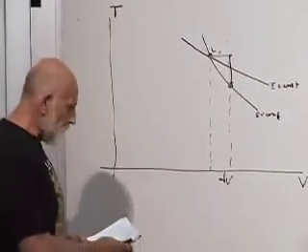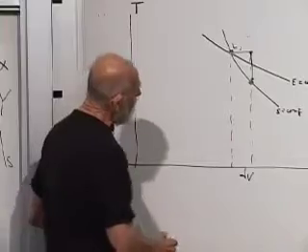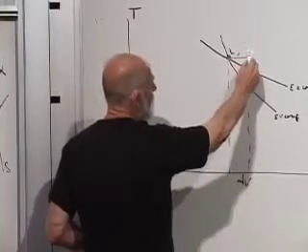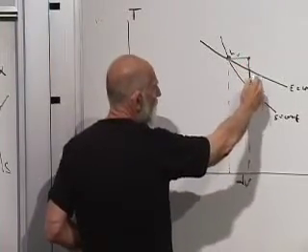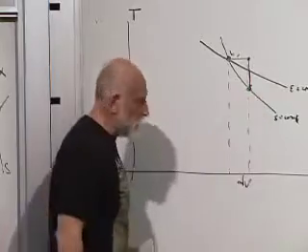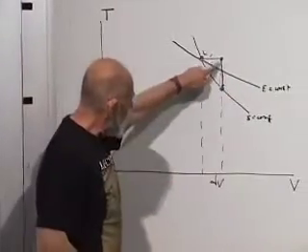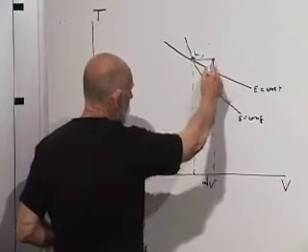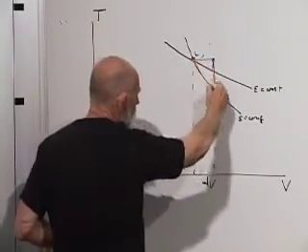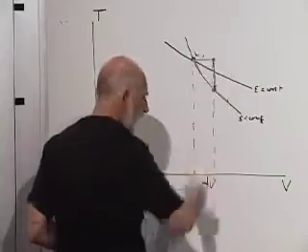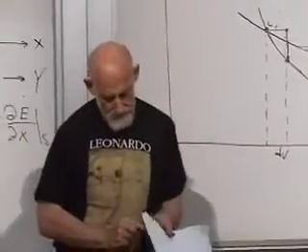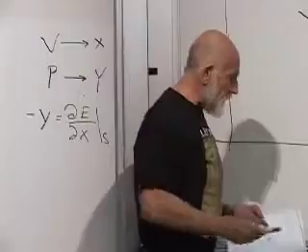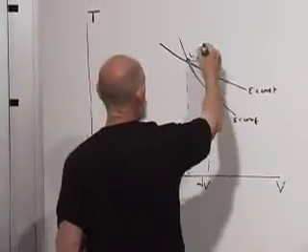Okay. What is the vertical change? Well, in going from here to here, the entropy changes. Why does the entropy change? Because the entropy is different over here than it is over here. The entropy was constant along here. It has a different value. Let me use a different color. The entropy has a different value over here.